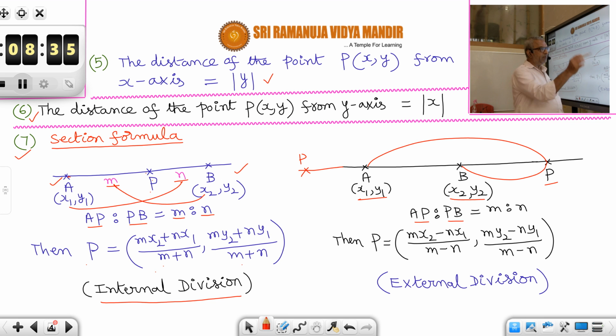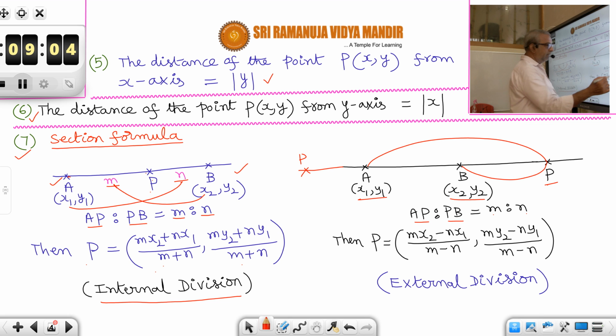But while calculating the point P, you have to use a negative sign here for one of them, m is to minus n or minus m is to n. While calculating the coordinates of the point P, you should put minus sign either to m or to n, one of them only. You have to put minus sign and use the formula.